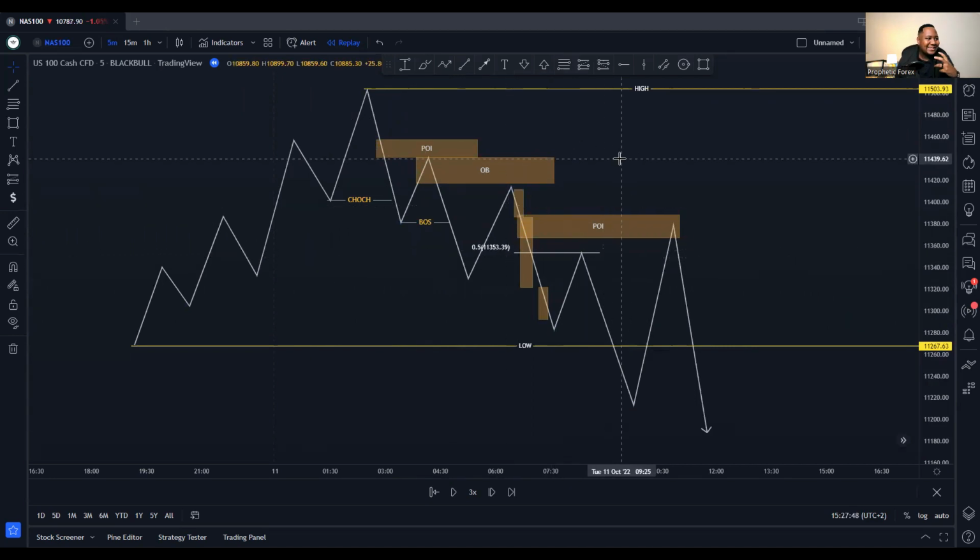So within that same example, the moment it breaks any BOS or any change of character, you're gonna anticipate it to pull back to any of the zones. It may be a POI right here, as I've just drawn it there, or it may be an order block as soon as it breaks another break of structure.